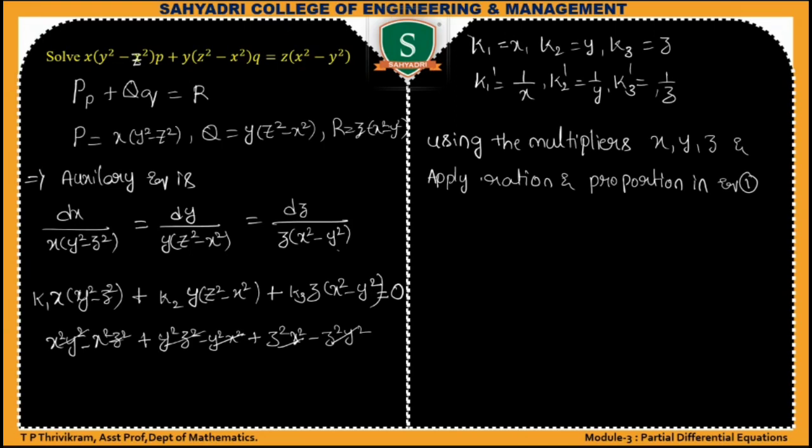We need to multiply these multipliers to the numerators and add them, and the same multipliers to the denominators and add them.